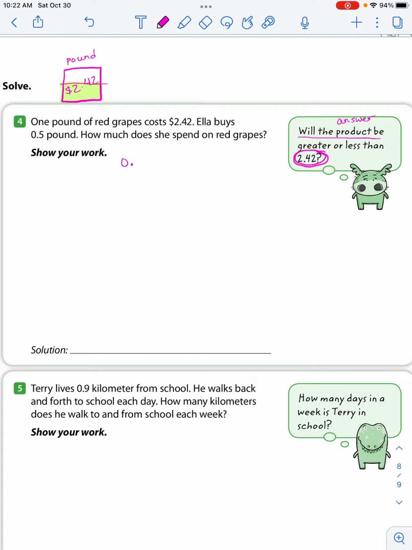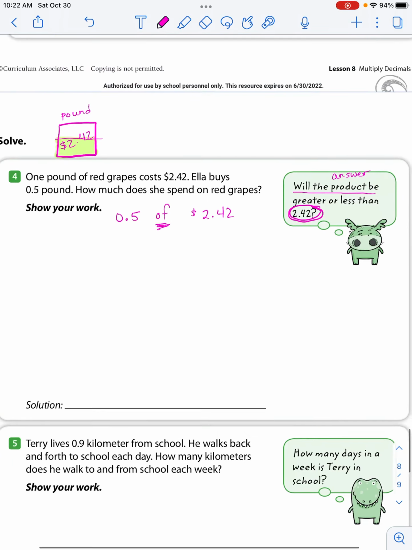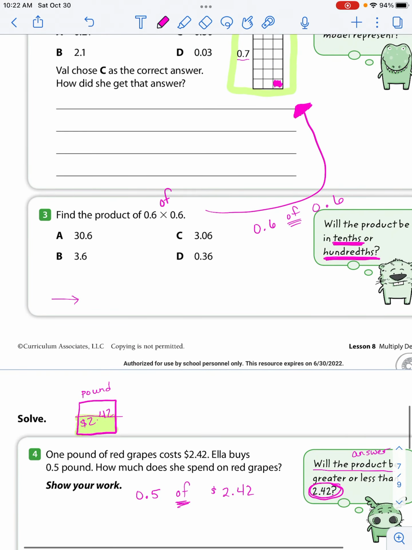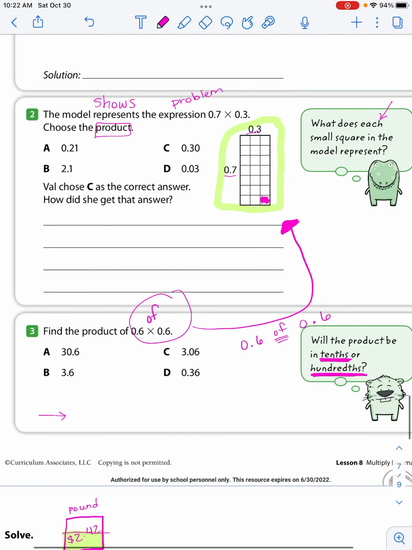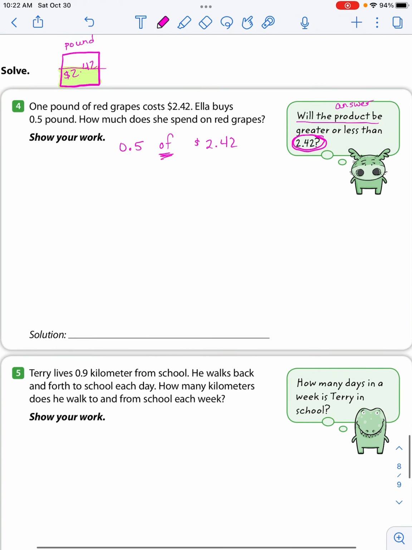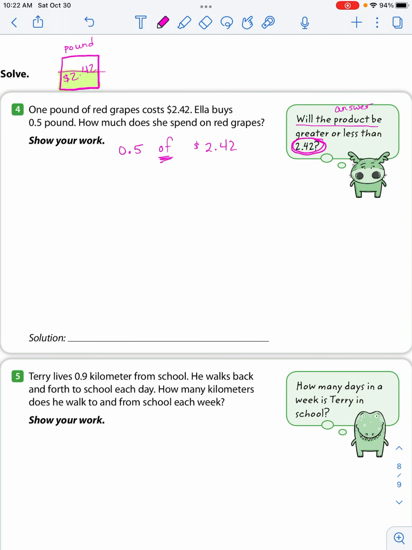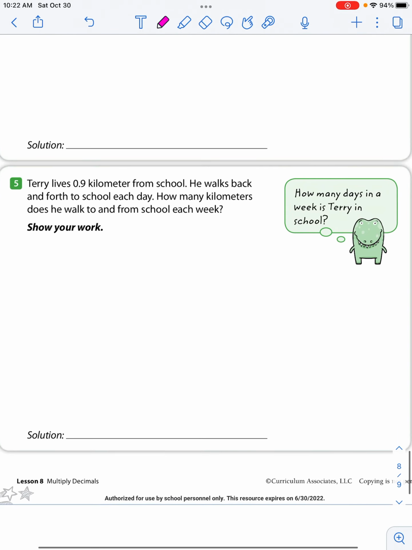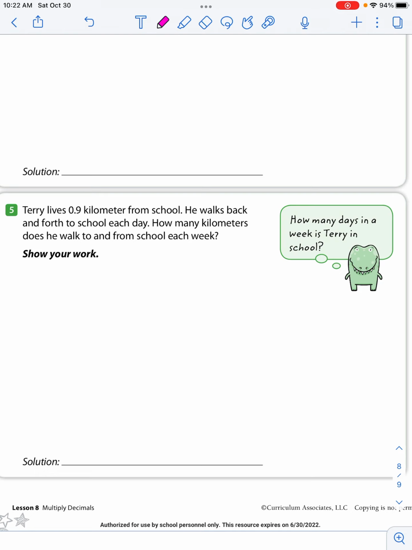So half of $2.42. Half of. Kind of reminds me of some stuff we talked about up here and here. Something to think about. You've got lots of space down there to solve your problem in any way that works best for you.